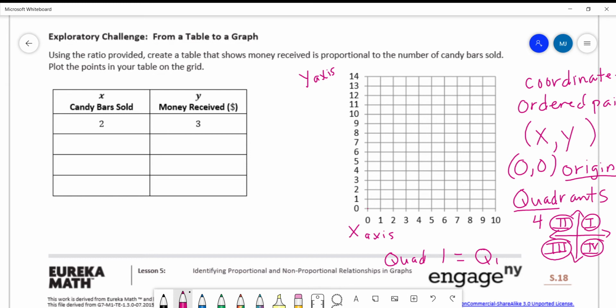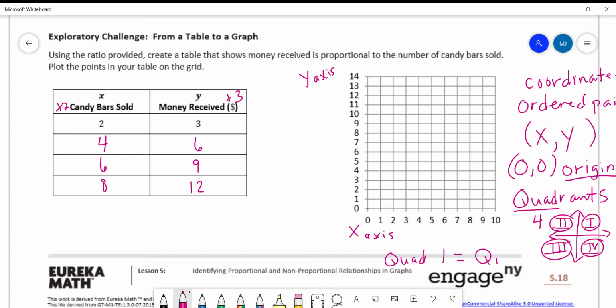So on this side, we're going to continue to add by 2, and over here we're going to continue to add by 3. So I've got 2, 4, 6, 8. On this side, we're going to add by 3, so 3, 6, 9, 12. All right, we know it's proportional because we created it with a ratio of 3 to 2.